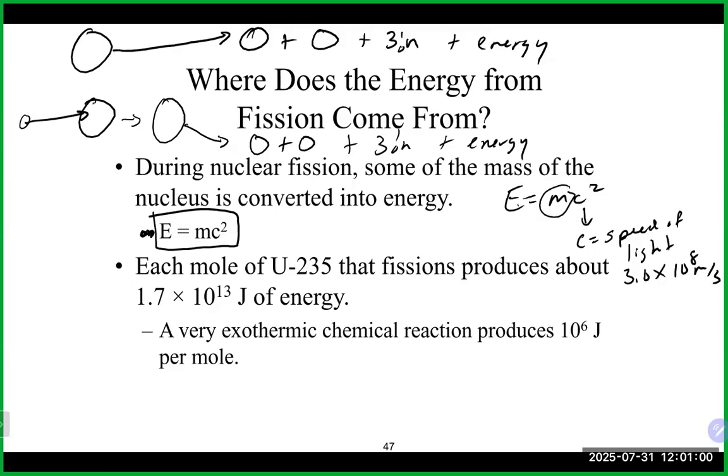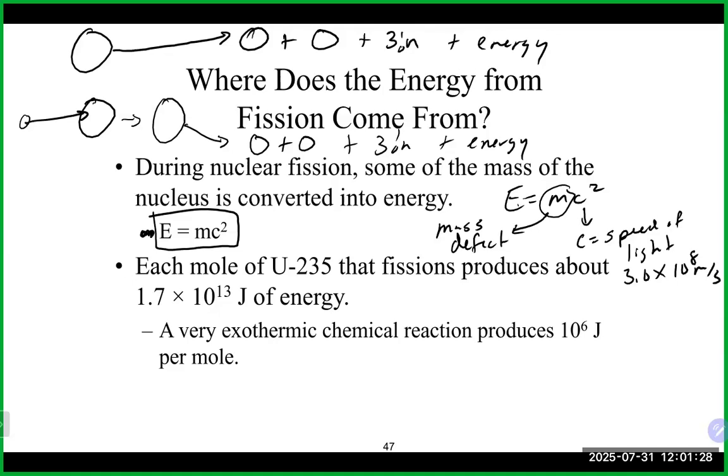The m here is mass, and more specifically in this application, it is what is referred to as the mass defect. The mass defect is the difference between the mass of the particles that make up the nucleus and the mass of the nucleus itself, the isotope itself. It's that difference in mass that gets converted into energy.